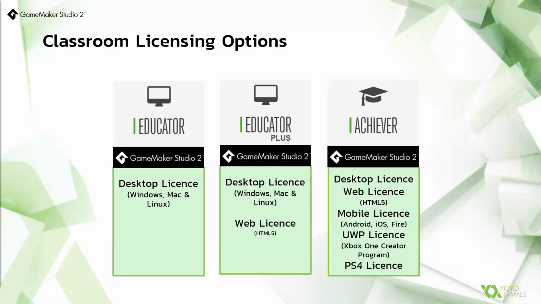So if you've got a classroom or a computer lab, which say has 20 or 30 devices within it, you would run GameMaker, you get seat licenses for each of those devices, and you can run multiple classes on those. So it's not a per pupil license, it's a per concurrent use license. So each license can be used up to the number of seats that you have.